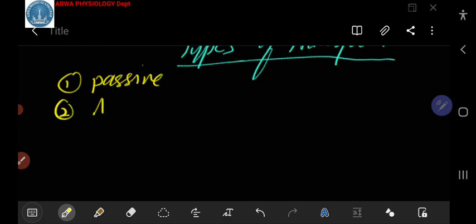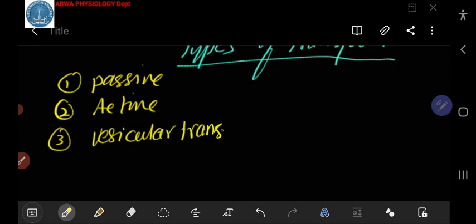Number two is active, where energy is needed. Number three is vesicular transport, which I tried to give you a concept about, done by endocytosis, exocytosis, etc. These are the three basic and main types of transport across the cell.